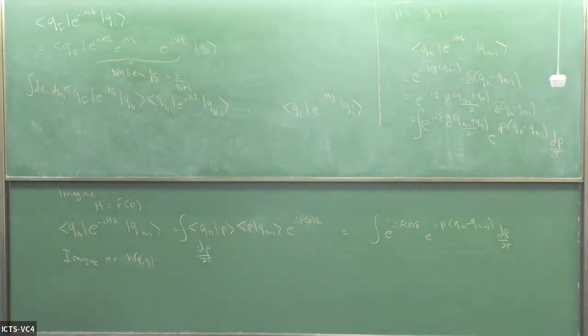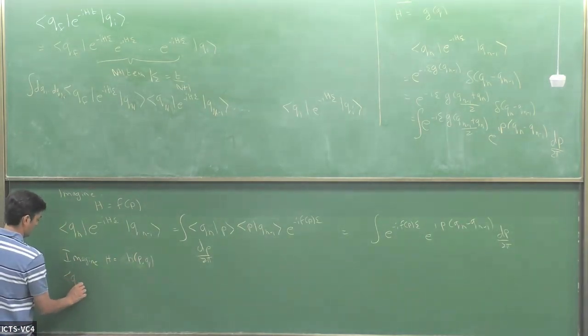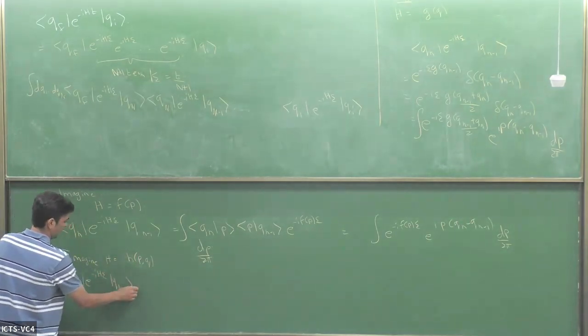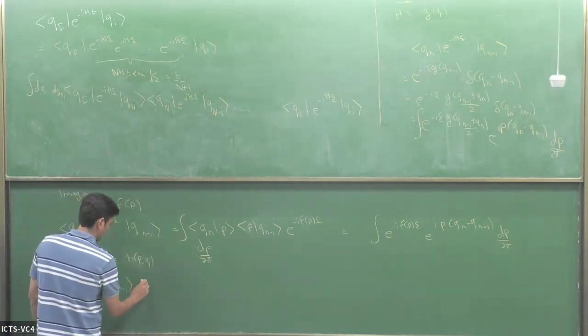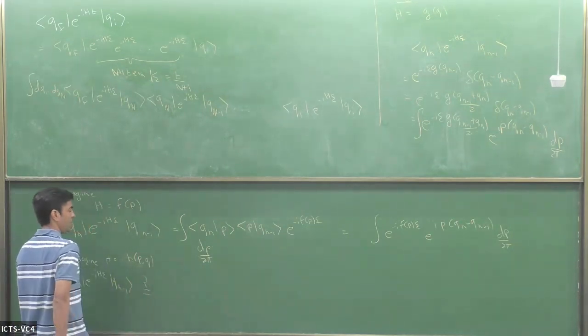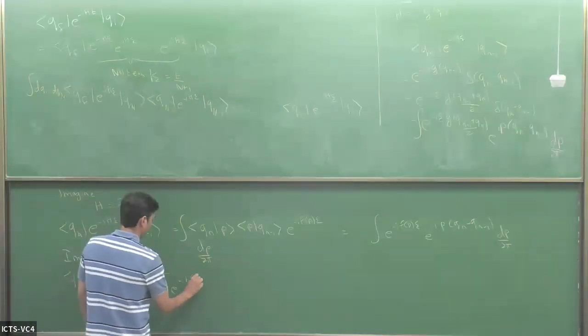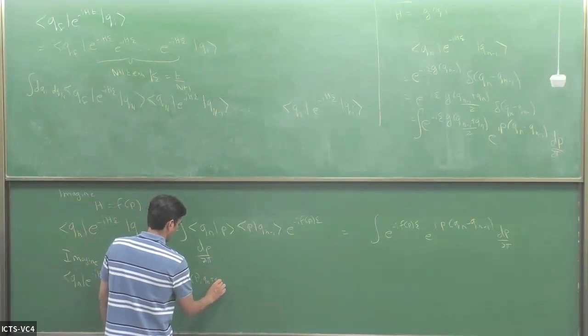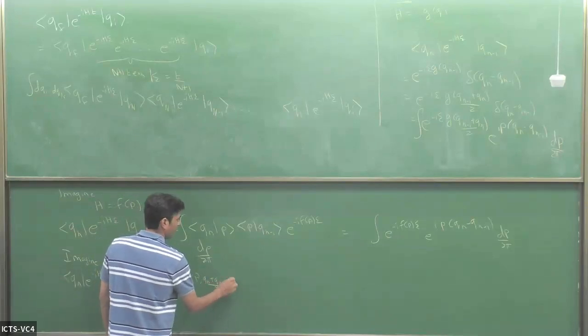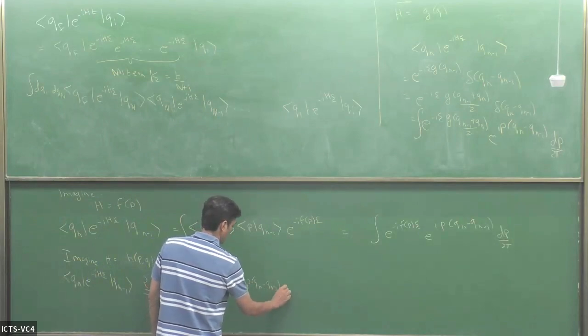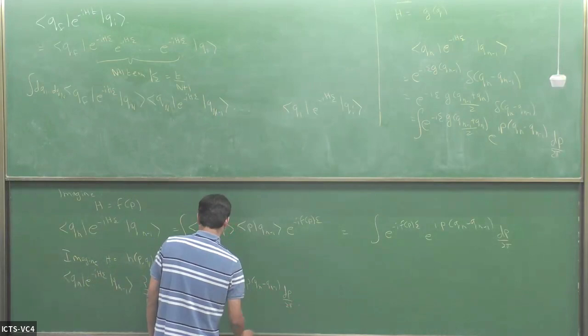Then you might have guessed that, and let me write a question mark, it is equal to h of p and (q_n plus q_{n-1})/2, the average term, times e to the i p (q_n minus q_{n-1}) dp by 2 pi, into epsilon.